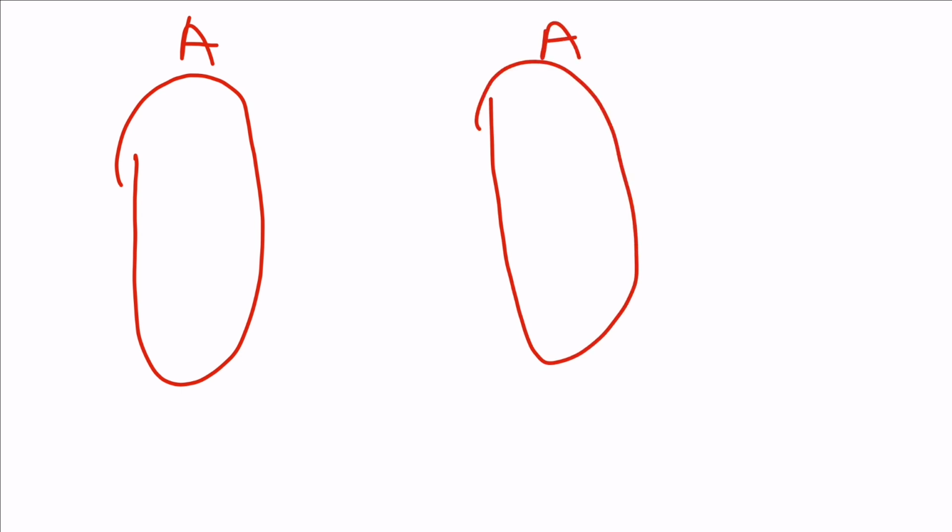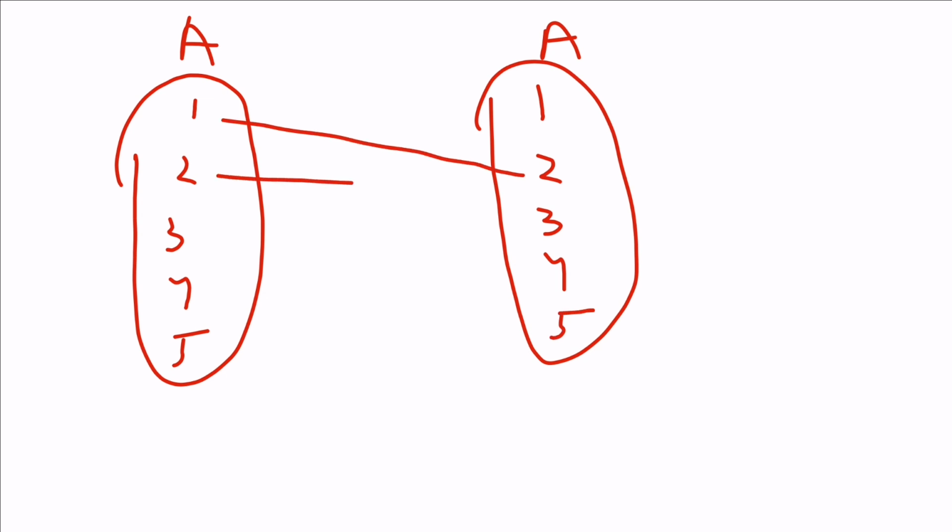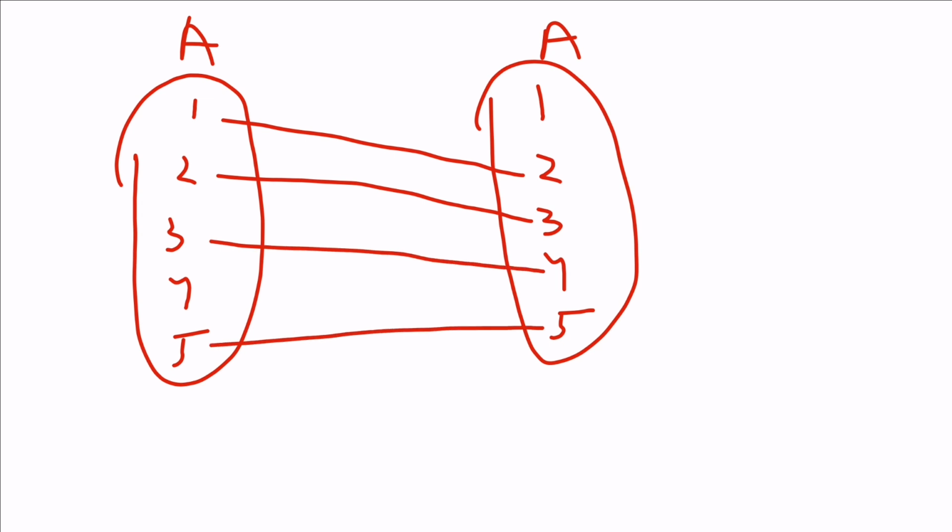This is set A, and again consider this as set A. Set A contains elements 1, 2, 3, 4 and 5. 1 maps to 2, 2 maps to 3, 3 maps to 4 and 5 maps to 5.